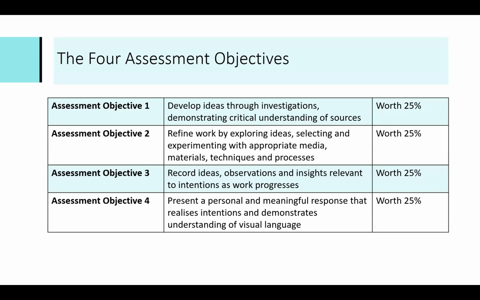Assessment Objective 3, recording ideas, observations, and insights relevant to intentions as work progresses. And Assessment Objective 4, presenting a personal and meaningful response that realizes intentions and demonstrates an understanding of visual language.